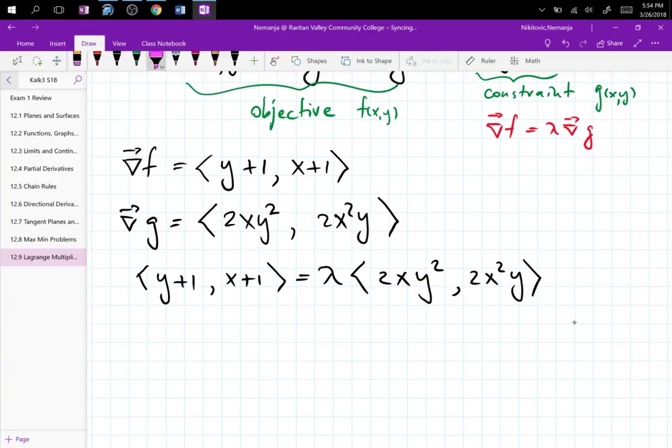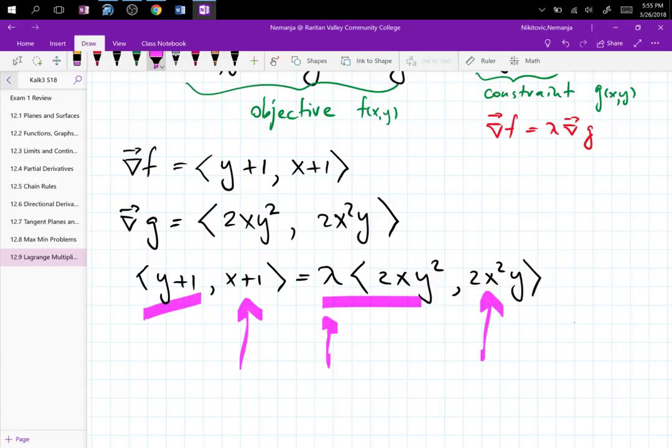The first component should equal the first component, and the second component should equal the second component times lambda as well, right? Because lambda distributes to both.